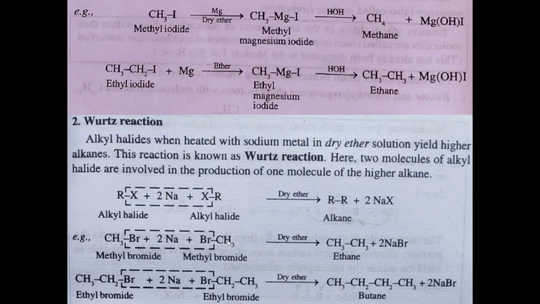So let us take an example: ethyl bromide reacting with methyl bromide in the presence of sodium. First this reaction takes place in dry ether, we get propane. In the second case, methyl bromide itself reacts with the sodium metal, and we get ethane. And in the third case, ethyl bromide itself reacts with metallic sodium in dry ether, we get butane. A mixture of compounds: propane, ethane, butane.